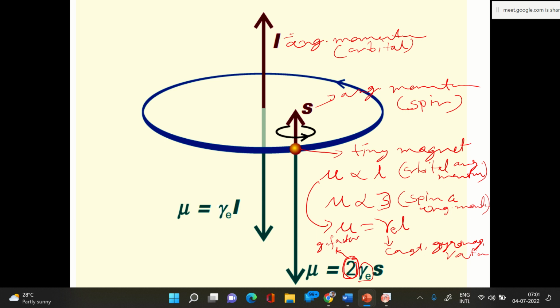It was added to the formula later on, when actual measurement of the magnetic moment was found to be twice that of what was initially thought from a simple formula. So it was later corrected, and this G factor was included in the formula to account for that relativistic effect in the spin.